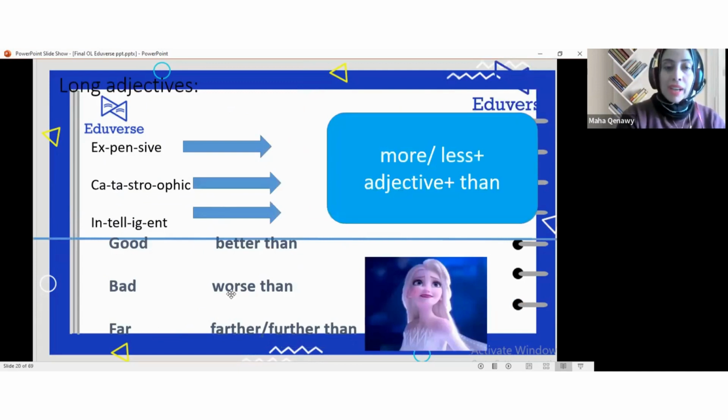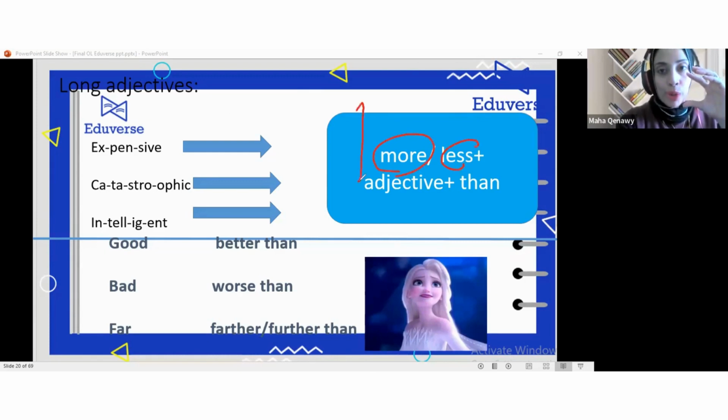Miss, if I have a long adjective like expensive, catastrophic, intelligent, he's intelligent, but someone is more intelligent than the other, I do not add ER. I do not say intelligenter, it's too long to say and annoying. I have to add either more or less.